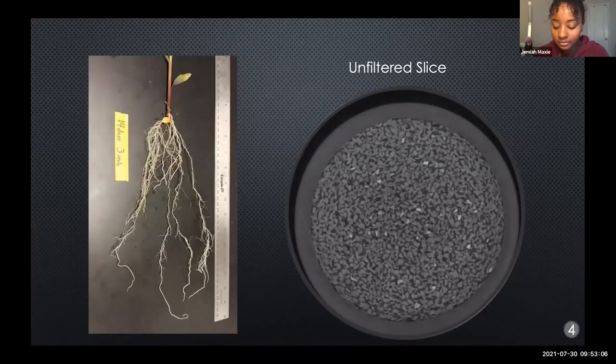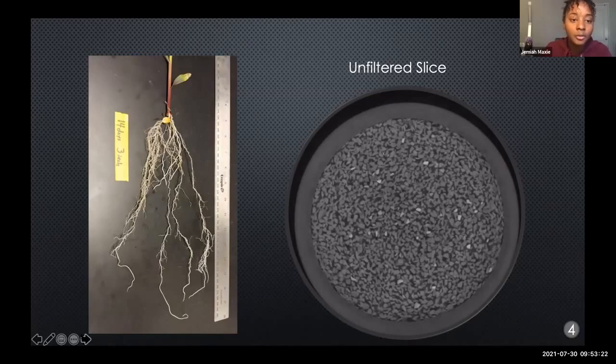Yeah, because of the low image-to-noise contrast, I had to figure out how to make this easier to work with.